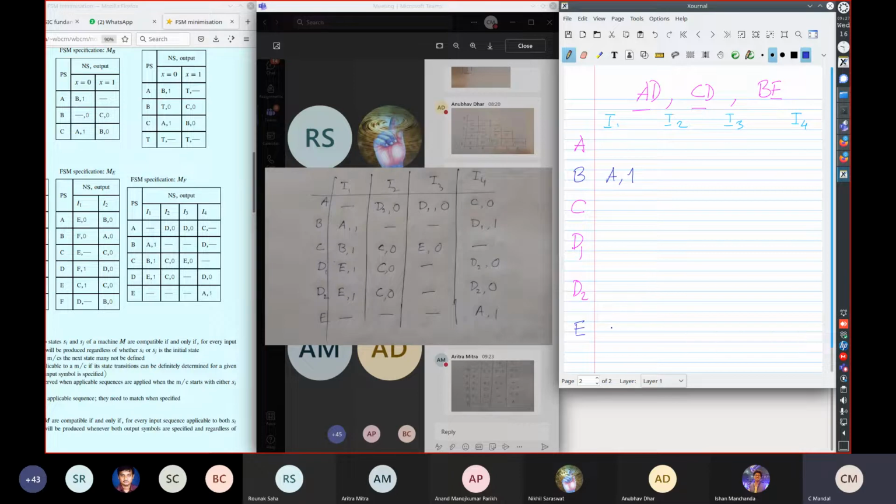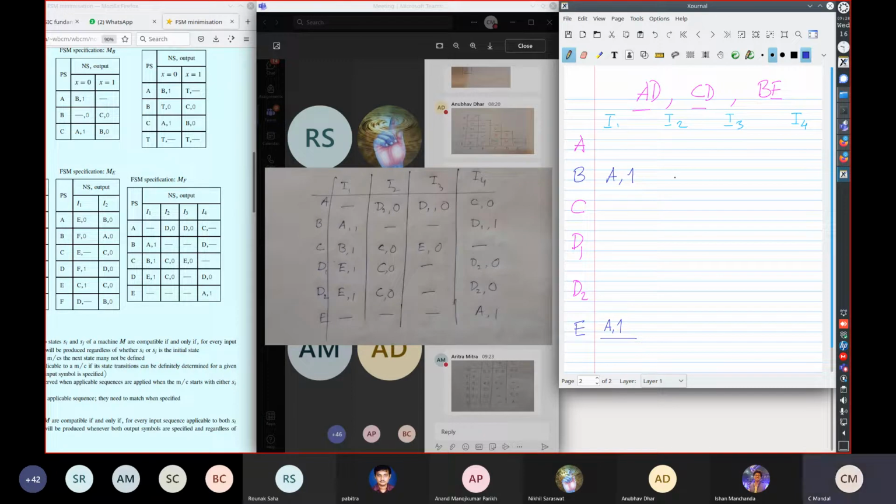We are merging B and E, right? Here, this is as such don't care, but since we are merging them, this was originally don't care, so I would like to make this also A1, right? So that it is trivial.